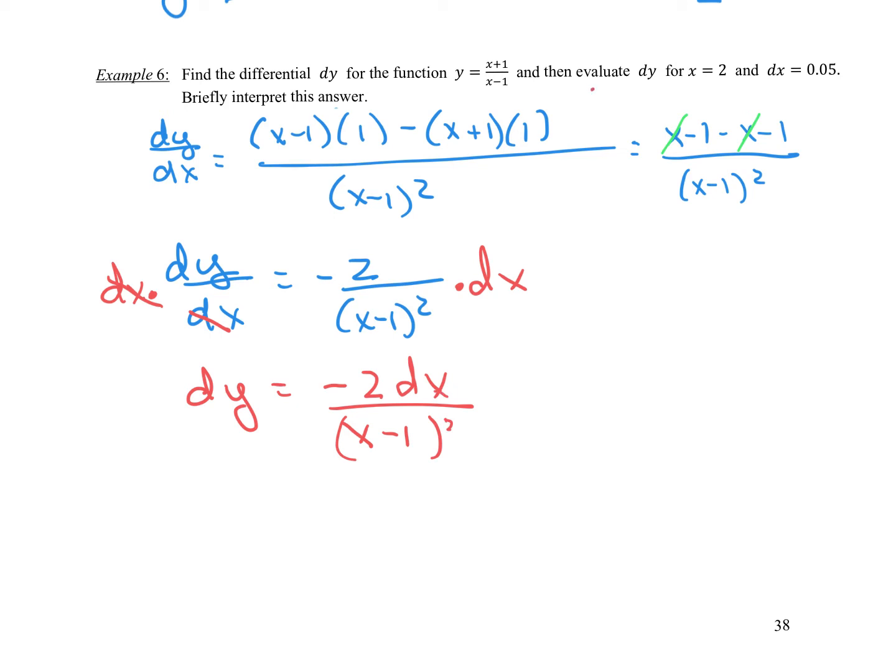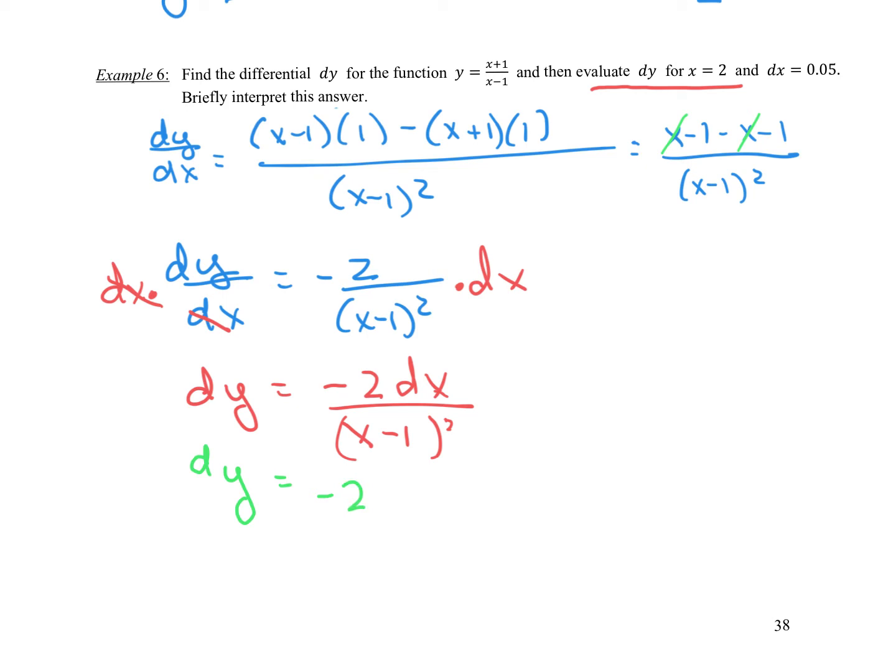They want us to evaluate dy, that's this guy, and we need to evaluate that when x is 2 and dx is 0.05. So all we do here, guys, is simply substitute these values. Okay, I'll do that in green here since it's very new. The blue is kind of old stuff.